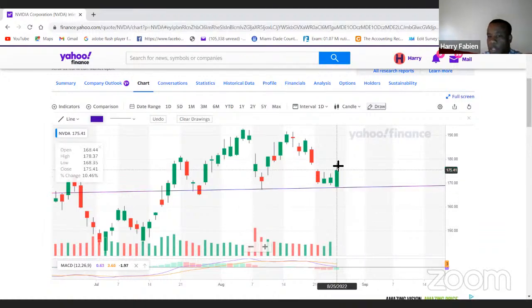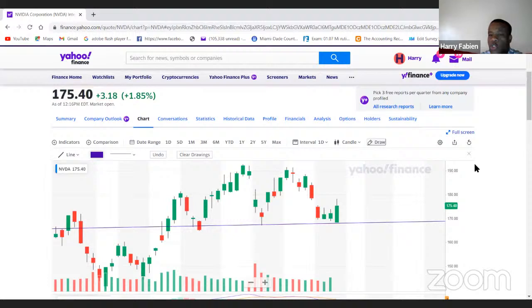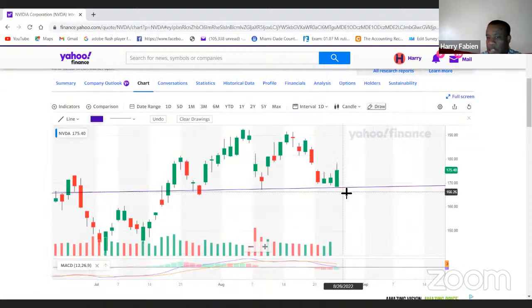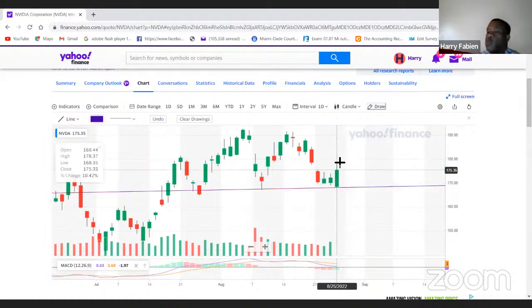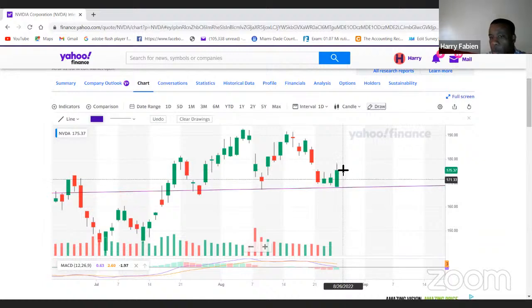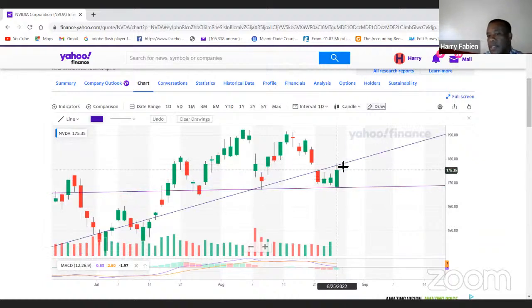So when the price from the top here is at 175, you wait until it goes back to 168. If you have to buy today, just wait for the price to go back to 168, and boom, you buy there. And if you have to trade, just wait until it goes back up to 178, to the top here.